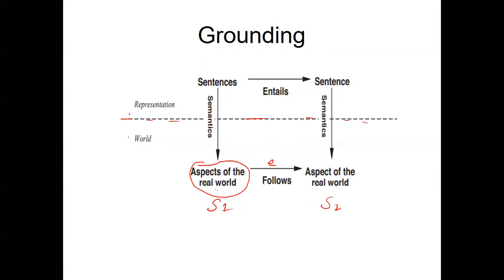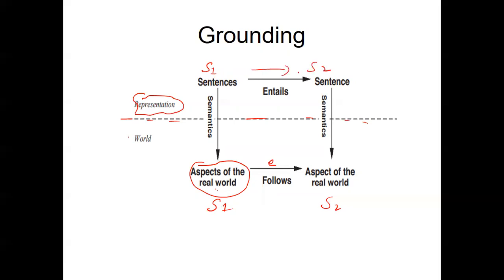Now, inference algorithm is nothing but some way of representation. So in the agent you are representing something. In the agent also, you should have a rule something like this: from S1 you can go to S2.